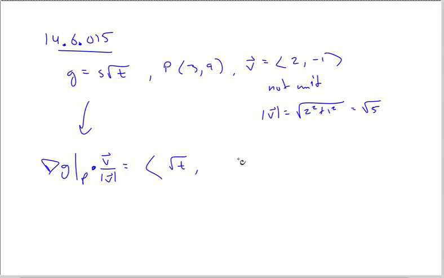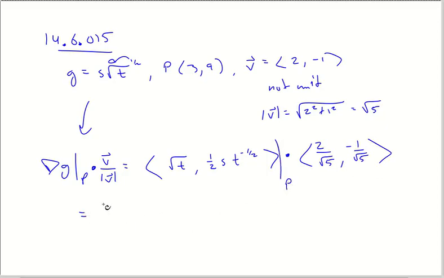In terms of t, you could think of this as a half power, which is going to come down to the front. So half s t to the negative 1/2. You can make that look a little bit prettier, and I probably will in just a second. 2 over square root 5, negative 1 over square root of 5. We still have to plug in my p. I forgot to do that.